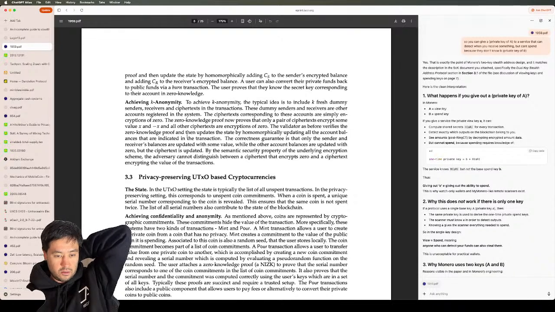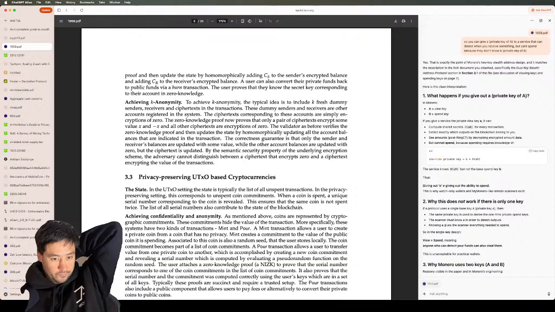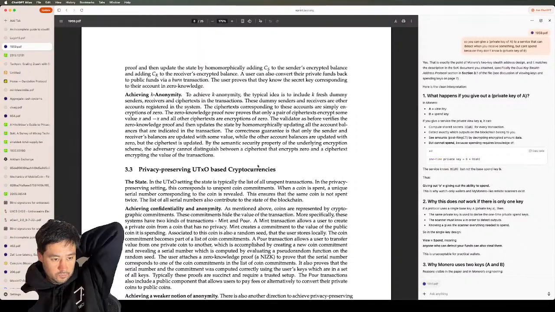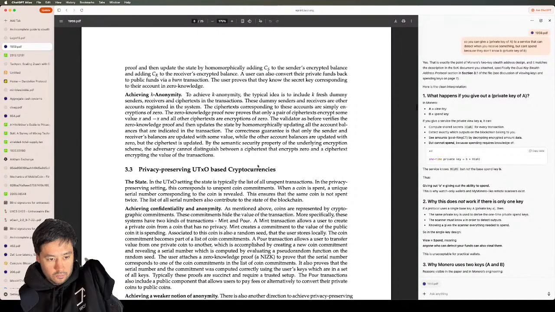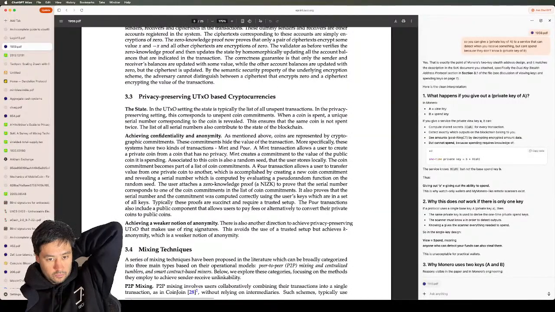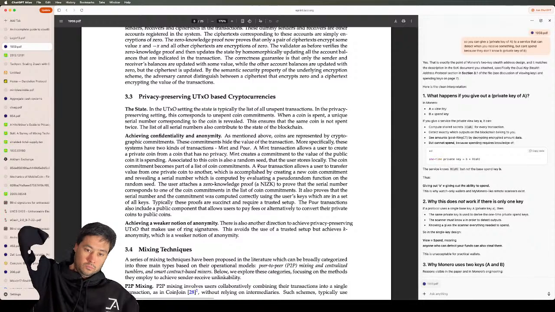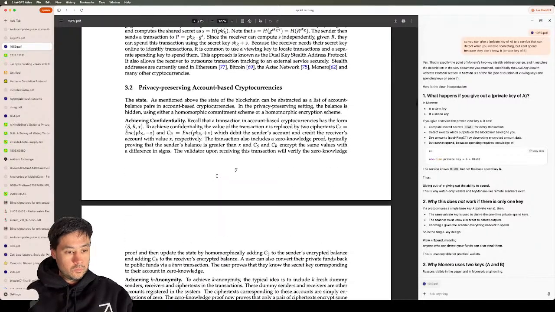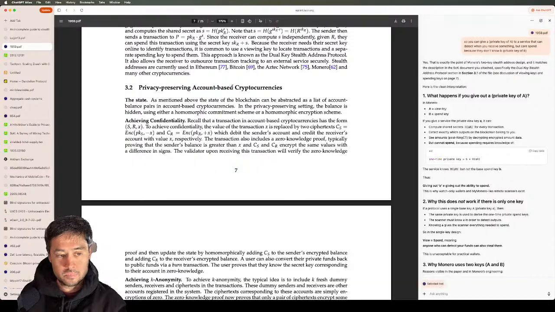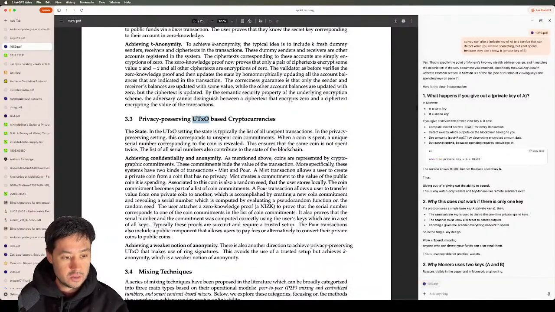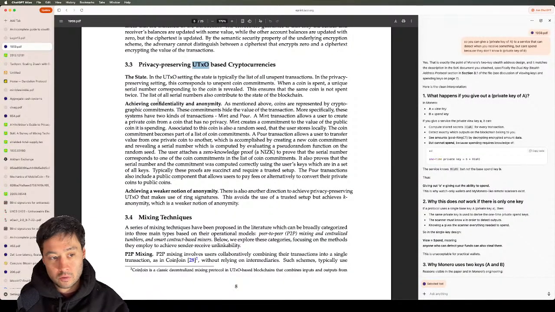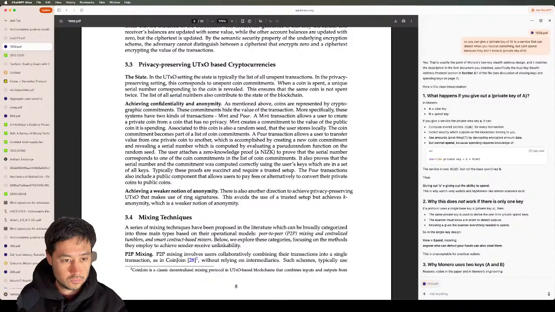This is anonymous Zether that they're describing. Oh, account based, yeah. So Zether, and before stealth addresses, and then we're looking at UTXO based. So that's gonna be Monero, CoinJoin, all the stuff like that, right?